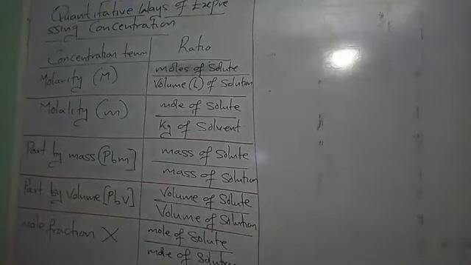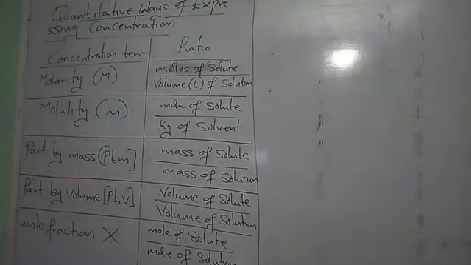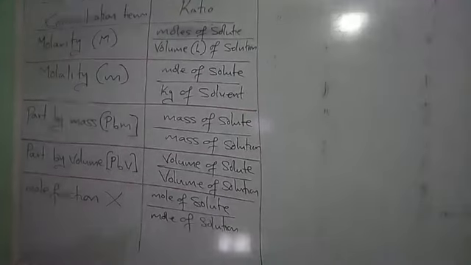But we can always remember that the mole of solution is the mole of the solvent plus the mole of the solute. That is mole of solute over mole of solution. And this mole of solution here can mean mole of solute plus mole of solvent. You get? That's what it can mean.